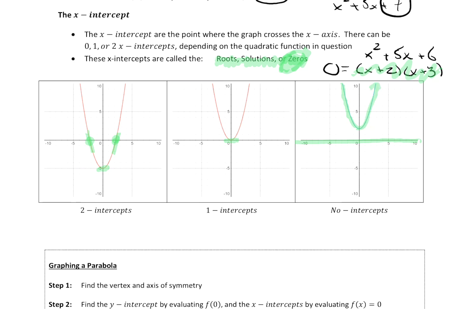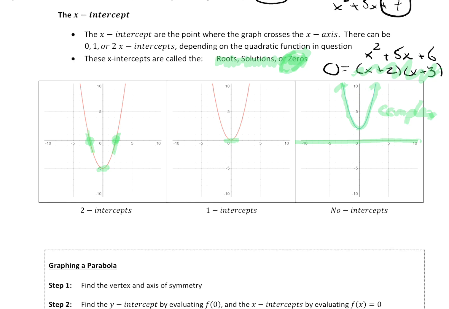A little bit of a teaser for you: there are no real roots, but this is where we get those complex or imaginary numbers that you will eventually learn about if you continue on mathematically.